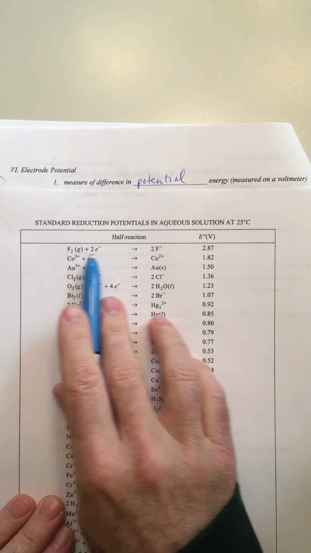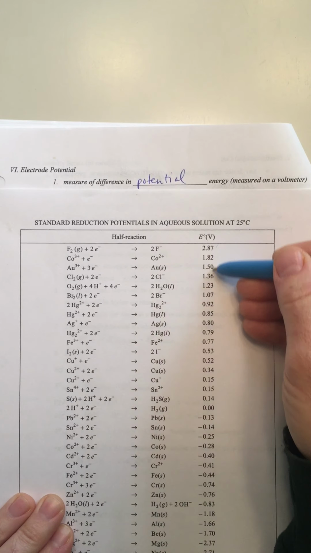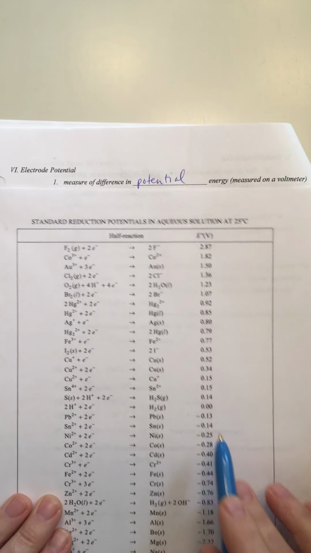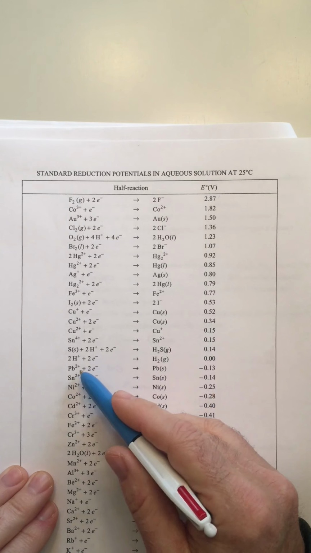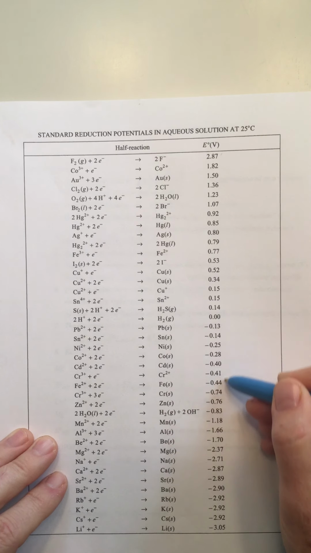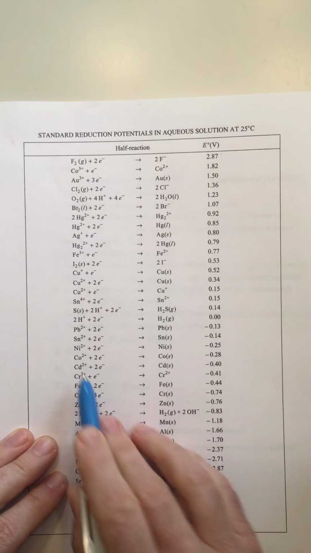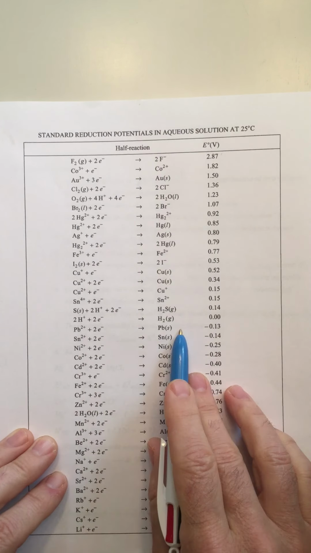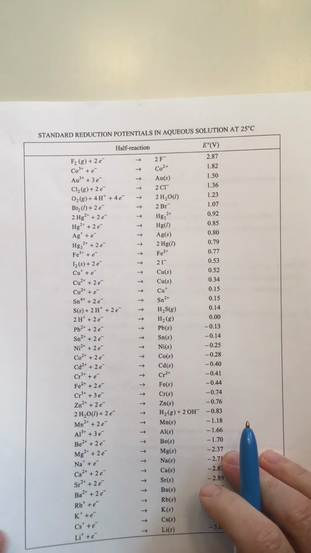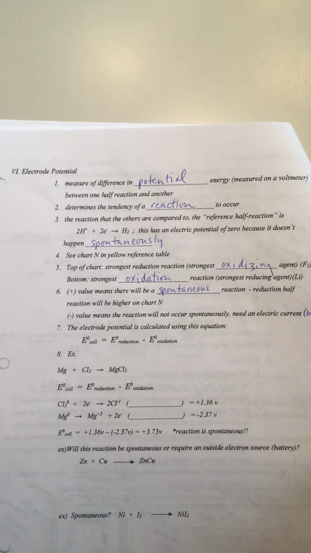That means this happens spontaneously. So do all of these up to here. That means lead all the way down to lithium will not go through this particular reaction unless it's hooked up to a battery or some sort of energy source. Okay?